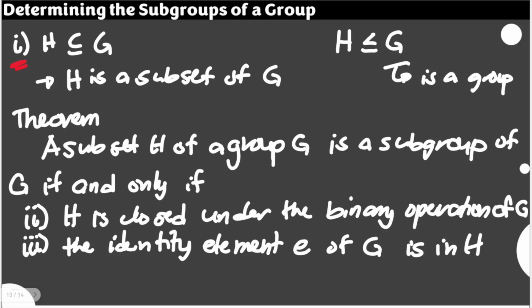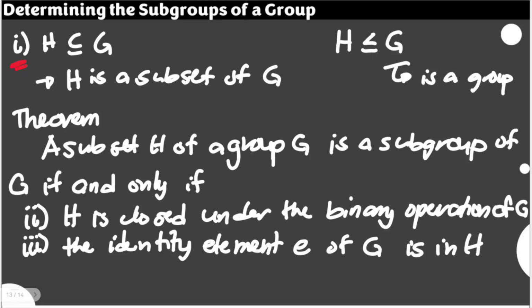So the identity element that should be found in the subset must be the same identity element as in the given set or group. Take note that if we're talking about the identity element, we have already discussed the uniqueness of the identity element, meaning if H is a subgroup, H should have an identity element.